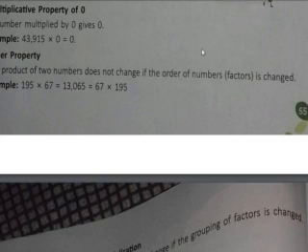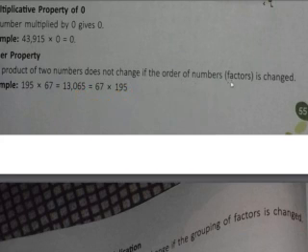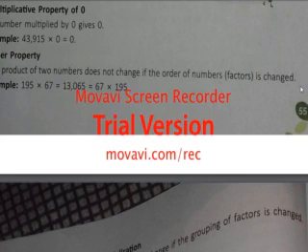This is for two numbers, as shown in the example. It is written that the product of two numbers does not change if the order of the numbers, that is the factors, is changed. When we multiply 7 into 19, it is equal to 19 into 7.